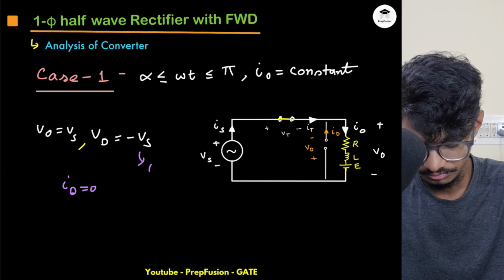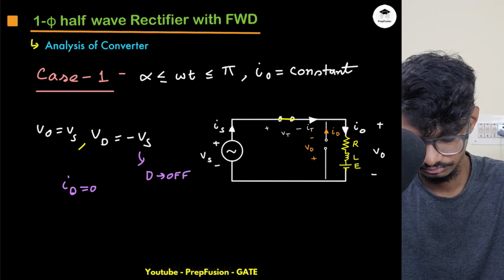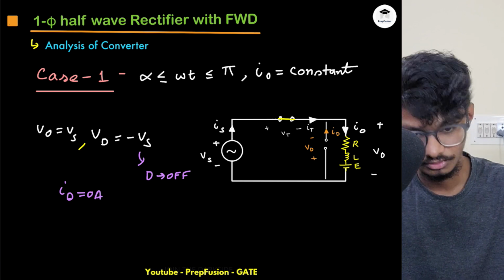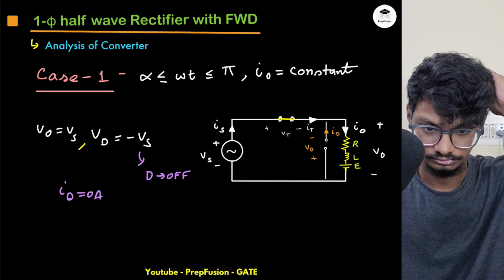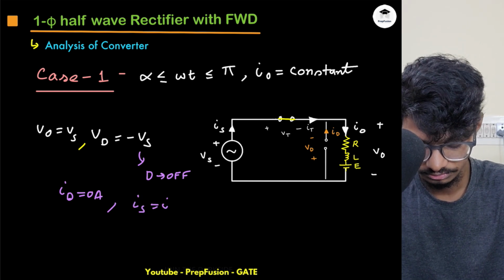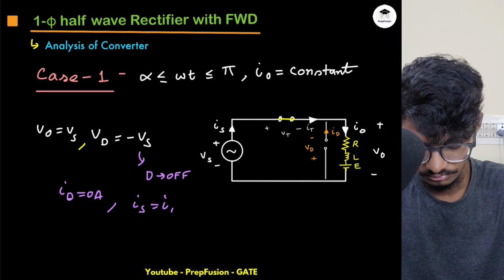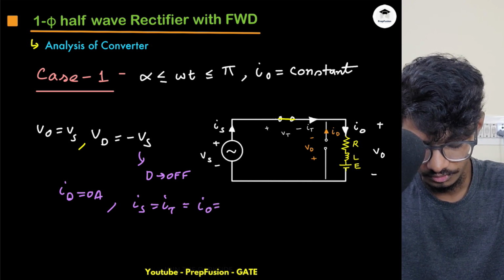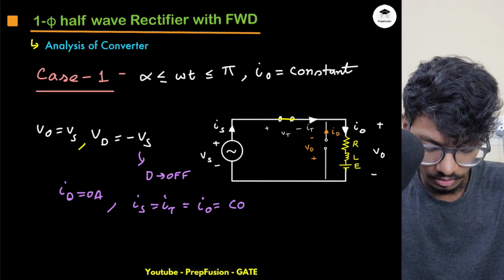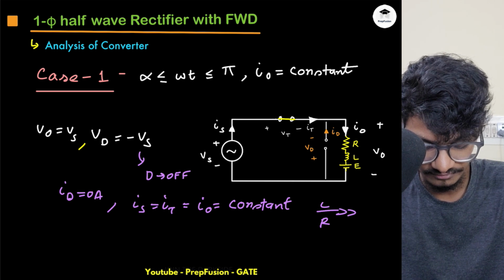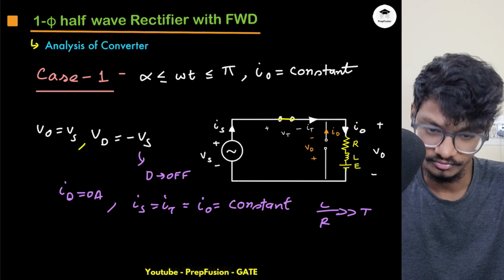The diode will be off, and my Is equals It equals IO, which is simply some constant, because I've assumed that my L by R is very high compared to the time period of the waveform.